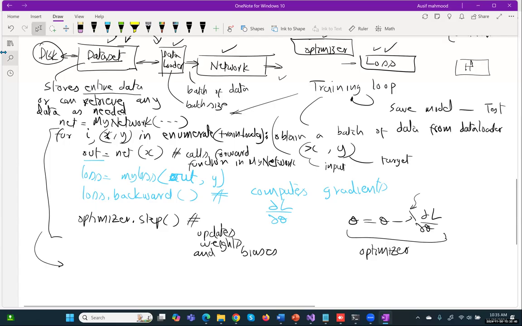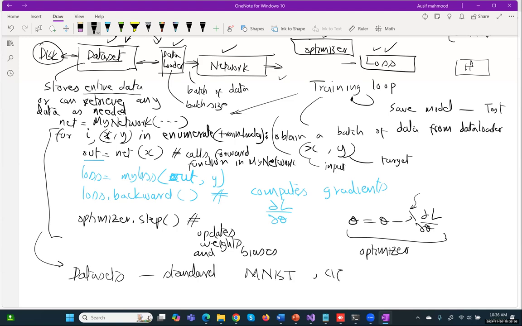Okay, now as far as the data sets and data loaders are concerned, some of the data sets are standard data sets. The examples are MNIST that you have already played with, CIFAR10, CIFAR100.